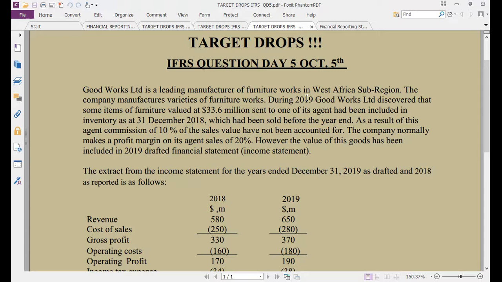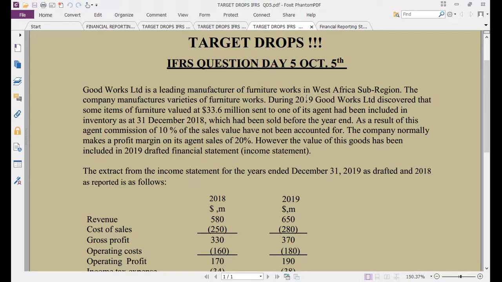Now let's continue. As a result of this, agent commission of 10% of the sales value has not been included or accounted for. The company normally makes a profit margin on its agent sales of 20%.